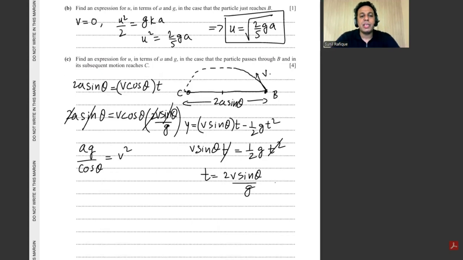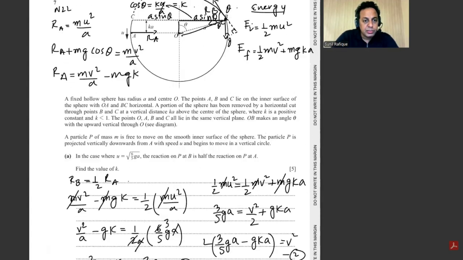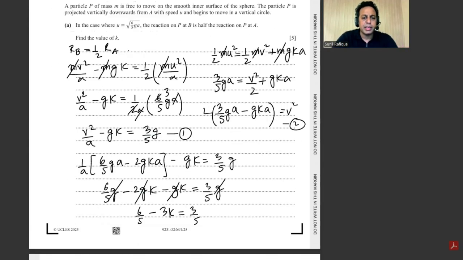Now I can use the same energy equation. So how can we use the energy equation? Initially half m v squared will be equal to half m u squared, like when it reaches this region, right? And okay, so there is a potential energy, but below the level of this line BC.